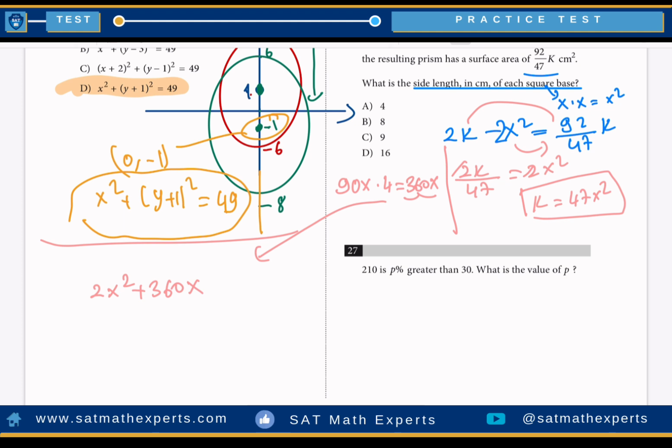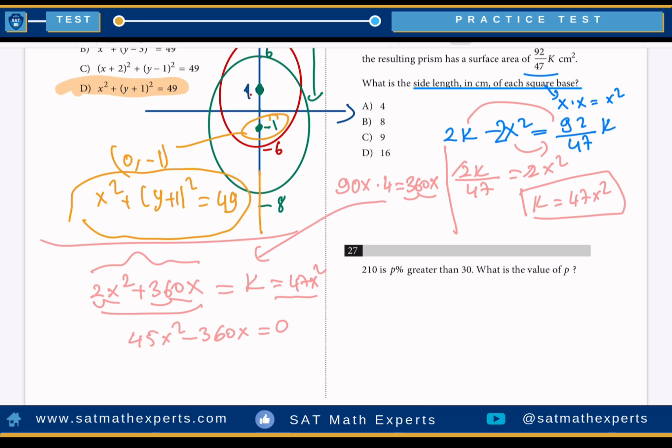This will be my total area of the prism. This is the two bases' area, and this is the lateral area. This equals K, because each of them has area K, but K is 47x squared. So when you solve this equation, 45x squared minus 360x equals 0.